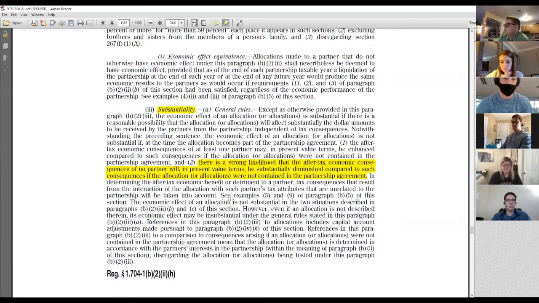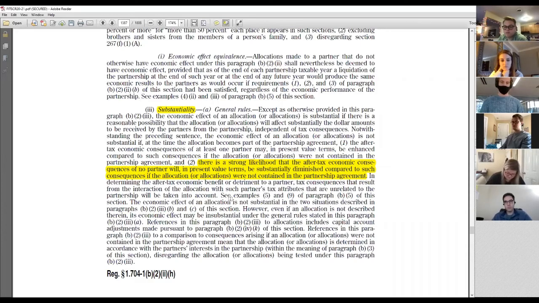Well, that's obvious. For all of these, the interaction between the partners' tax attributes and the tax item in question are key. Another way to say this is if all partners are identical from a tax perspective, if all partners are high rate individuals with no special tax situation, you're not going to have a substantiality problem, because you're not exploiting these tax differences.